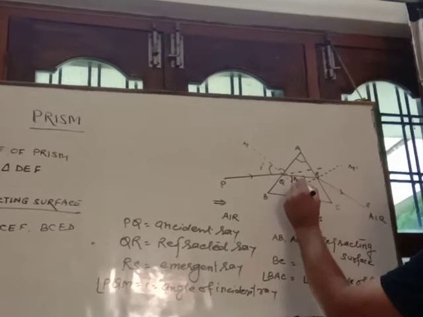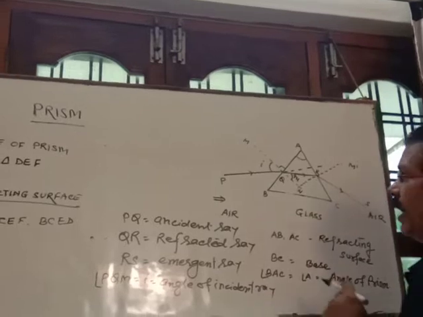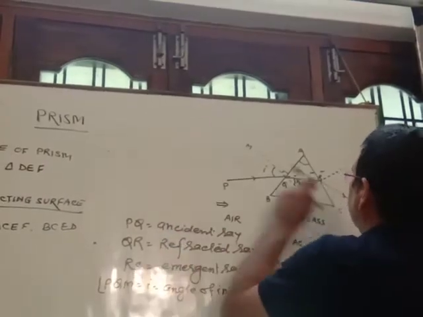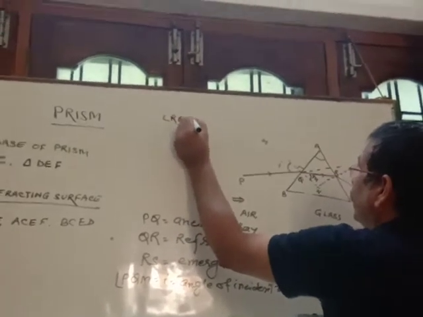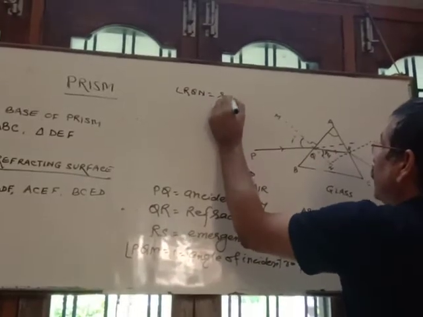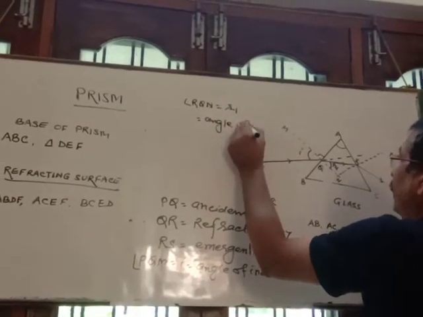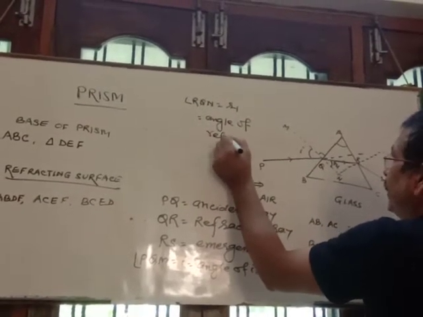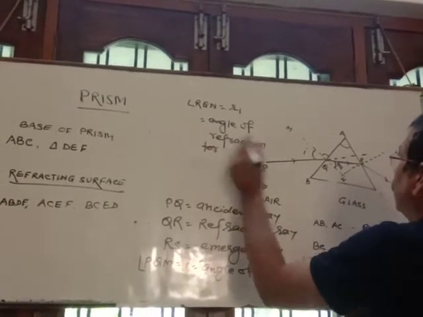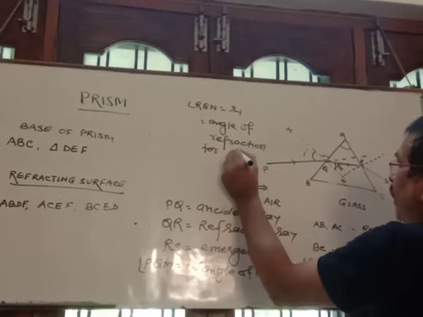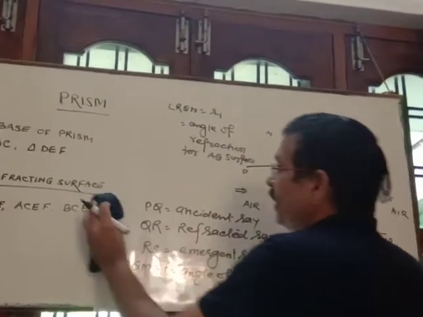It is R1, the angle of refraction for the AB surface.